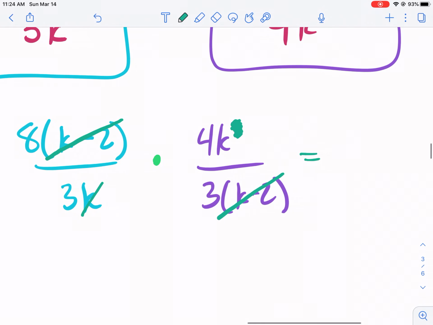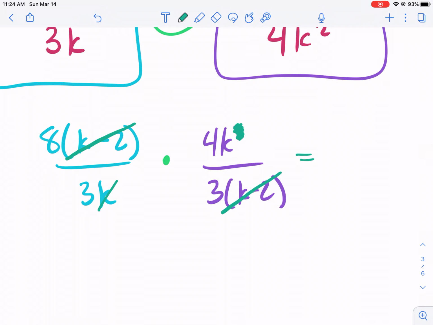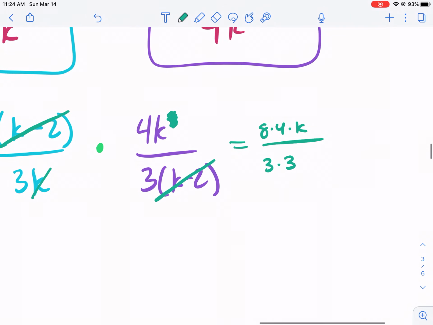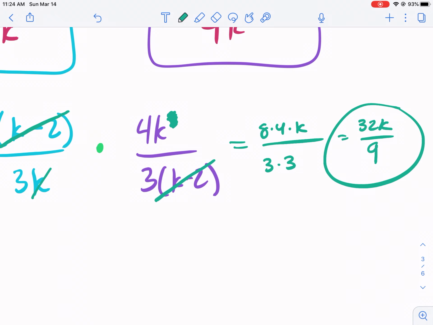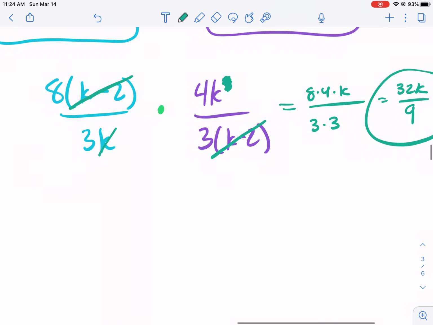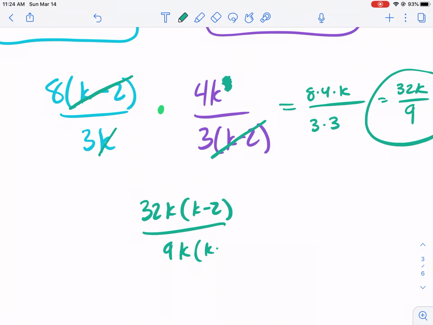So now we multiply what's left. We have 8 times 4 times k in the top, and 3 times 3 in the bottom. This simplifies to 32k over 9, and it can't simplify any further, and we get our final answer. Now, let's say we didn't do that. We would get 32k times k minus 2 over 9k squared times k minus 2.